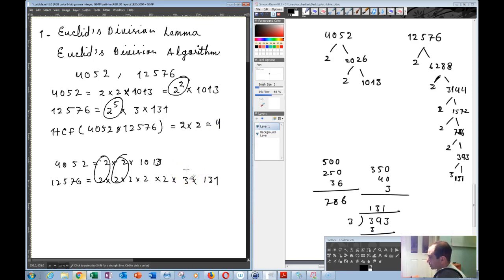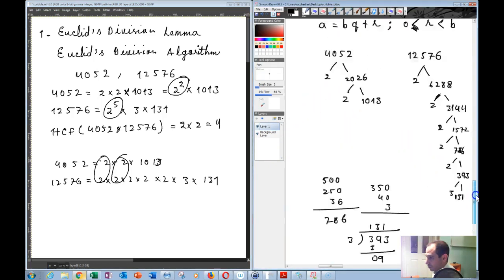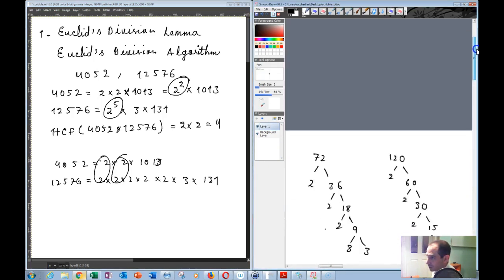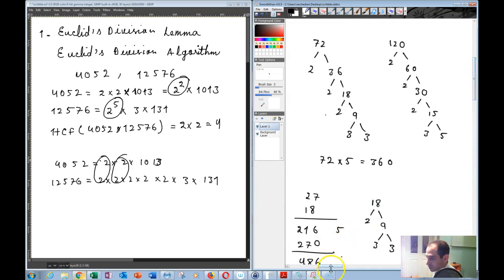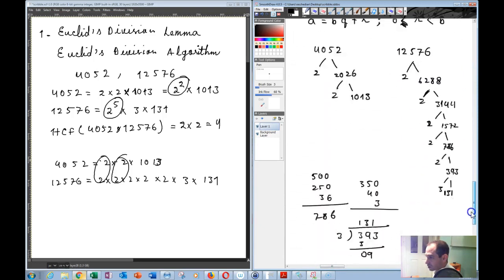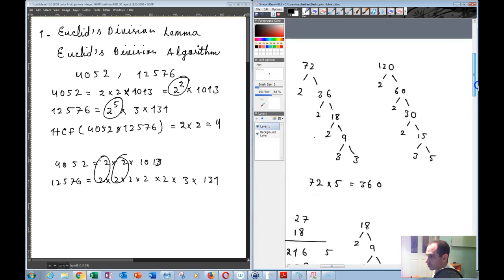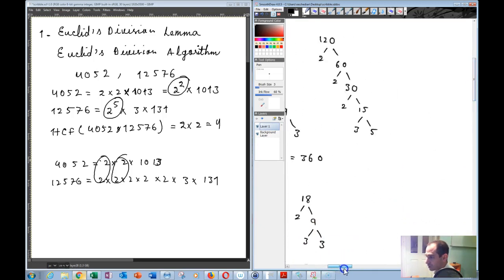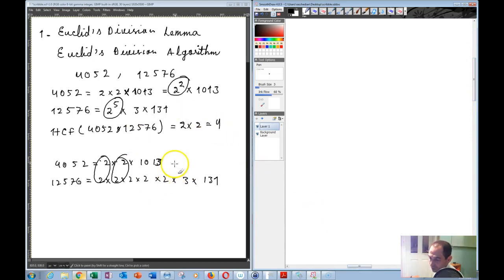So you see how tedious it is to find the HCF of two numbers if your numbers get a little bit large. This concept of HCF can be used in many different applications and in many different contexts, so you need to understand it really well. It's one of the very foundations of numbers and mathematics.